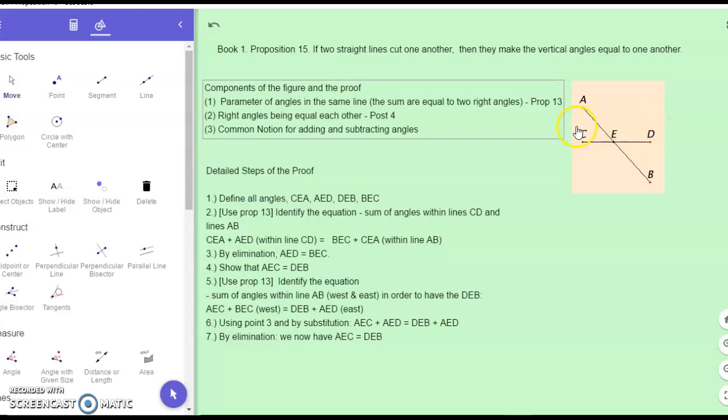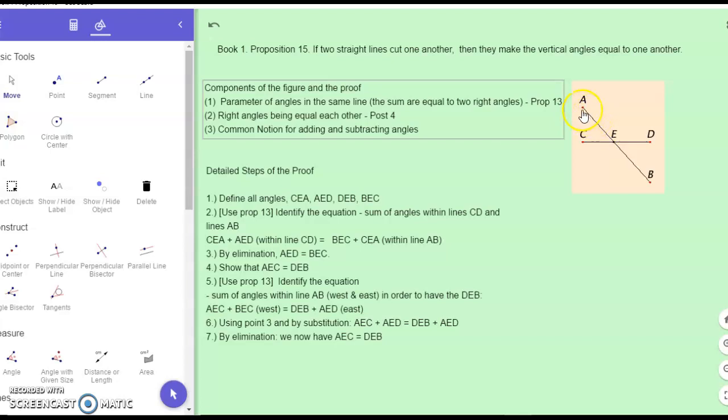At the southern hemisphere, again we have two adjacent angles standing on the same line CD, so another two right angles. The total for the northern and southern hemispheres is four right angles.